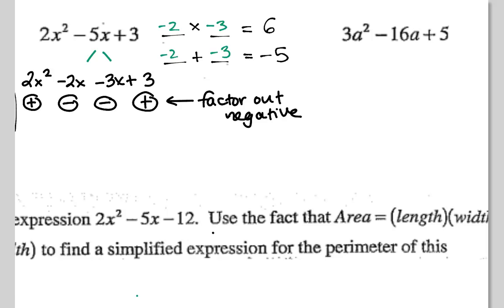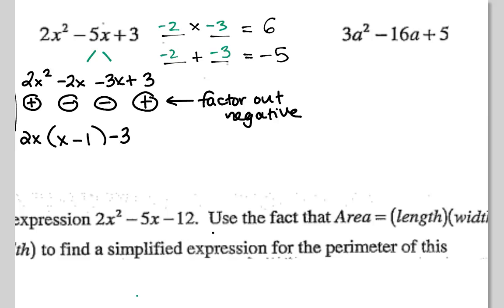Okay, so what comes out of the first pair? 2x. I love it. What's left over when you divide out 2x? X and, careful. When they're identical, you're always left with a placeholder of 1. Now, what needs to be factored out of the second pair? A negative 3.